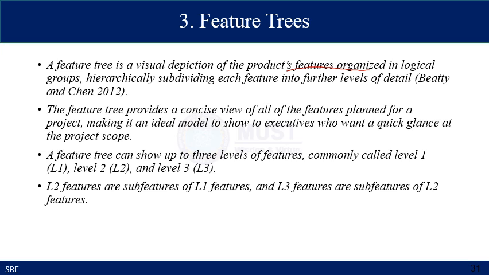The feature tree provides a concise view of all of the features planned for the project, making it an ideal model to show executives who want a quick glance at the project scope. The feature tree can show up to three levels of features, commonly labeled level 1, level 2, and level 3. Level 2 features are sub-features of level 1 features, and level 3 features are sub-features of level 2 features.